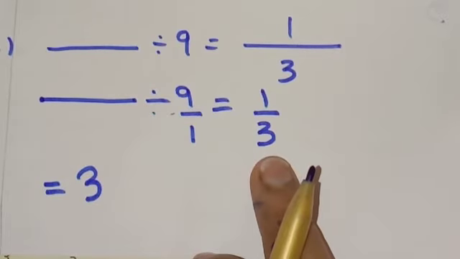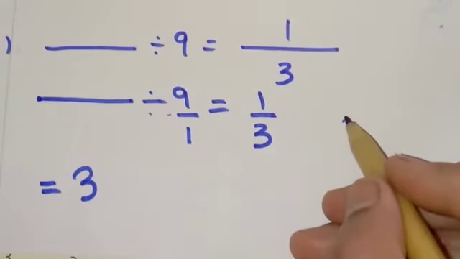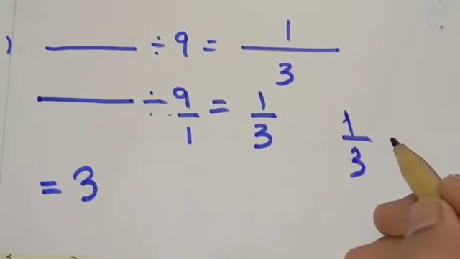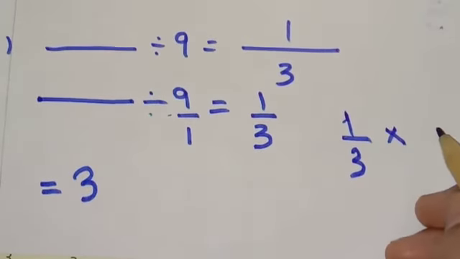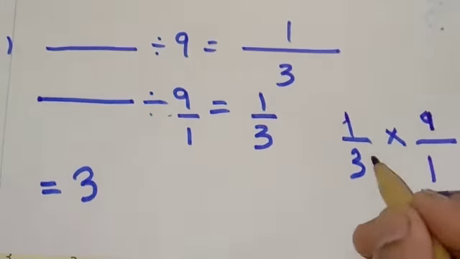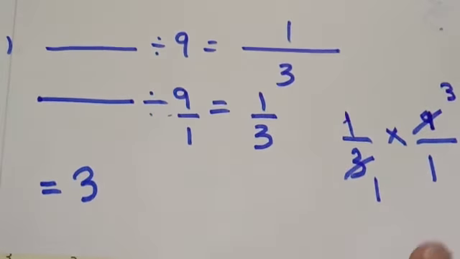It means it was 3, right? Means it was like that, 1 over 3 multiply by 9 over 1. Now 3 ones are 3, 3 threes are 9.